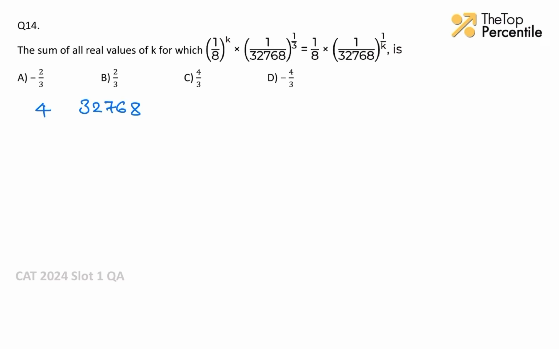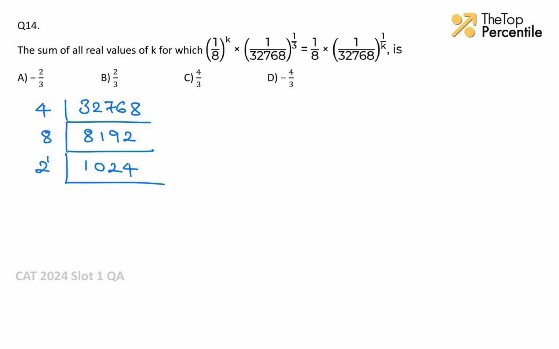Let's divide this by 4. This will be 4 8s are 32, 4 1s are 4, 4 9s are 36, 4 2s are 8. Let's divide this by 8. 8 1s are 8, 2s are 16, 8 4s are 32.